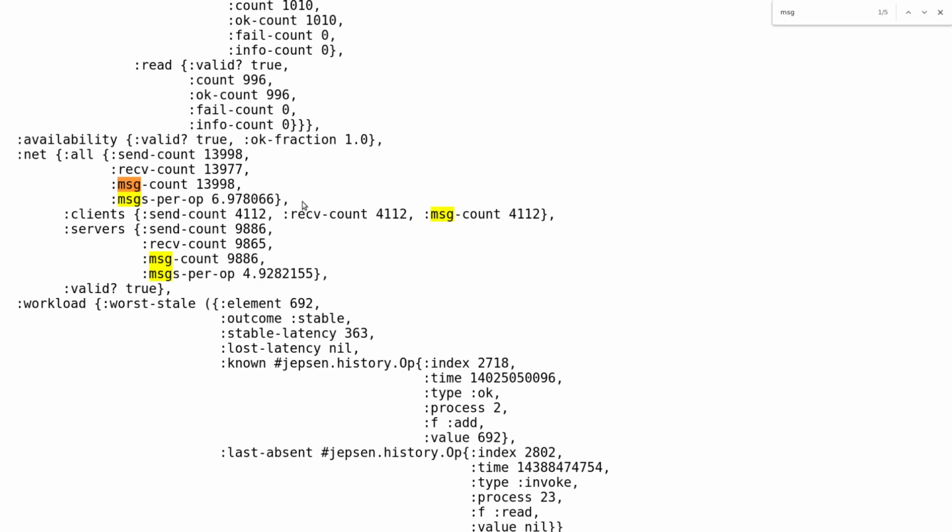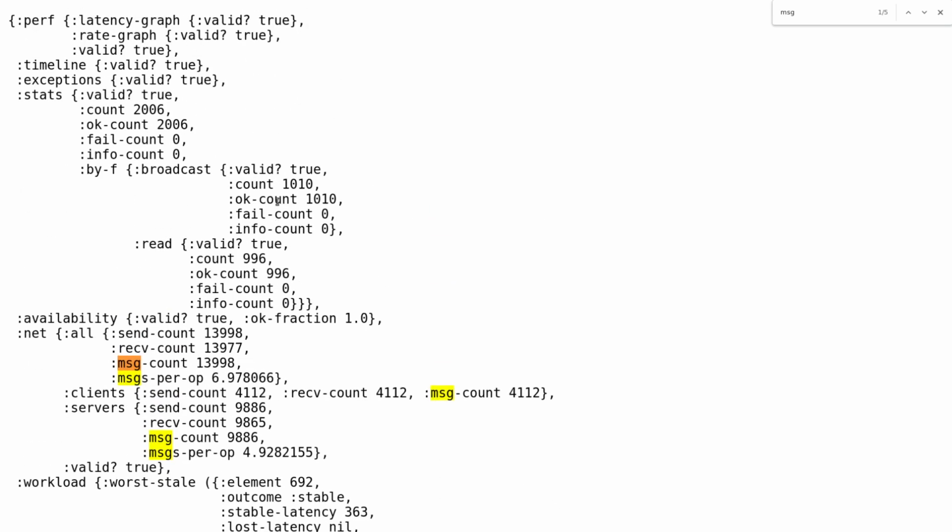As you can see, the client has sent 4112 messages and all of them were received, and between servers we have sent around 9886 messages, out of which 9865 went through and the other ones were dropped because of network partition. The overall value for messages per operation is quite low in this case because we have used batching for sending internal messages. So this value is significantly less compared to what they were expecting.